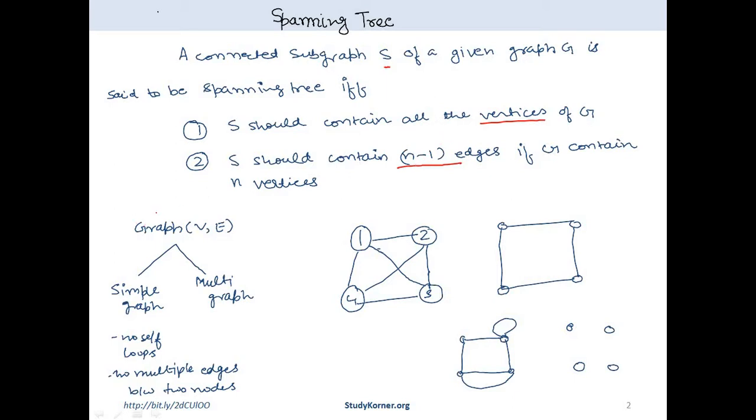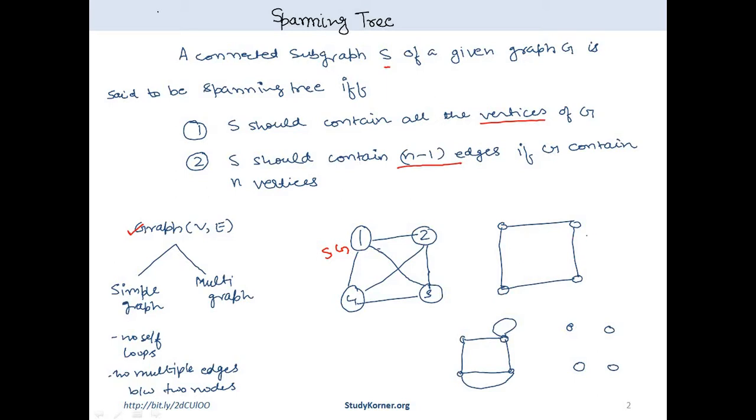We have different types of graphs. The graphs can broadly be divided into two parts. A graph which contains a set of vertices and edges can be divided into a simple graph or a multi-graph. Simple graphs are those graphs which do not contain any loops or any multiple edges. As we can see, this graph does not have any multiple edges or any loop, so this is my simple graph.